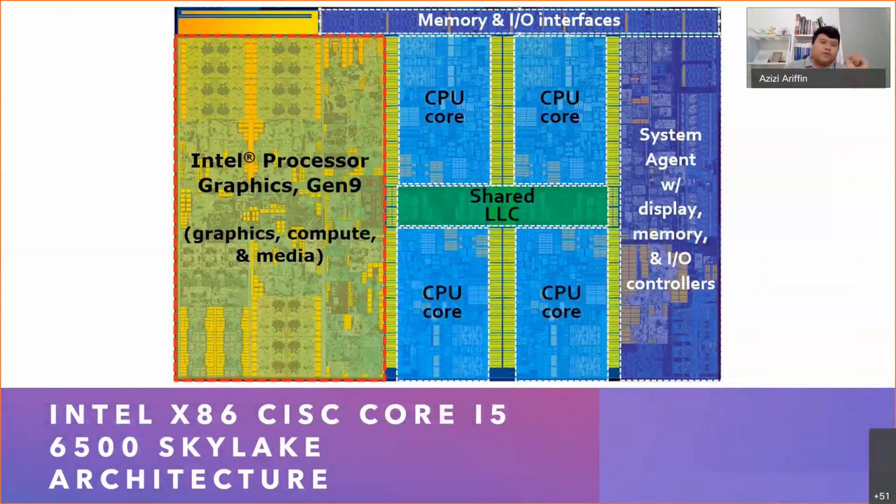Right, so for example, if we see Intel x86 punya processor, okay, dia menggunakan complex instruction set CISC. So kalau kita tengok dekat Core i5 6500 Skylake punya architecture, kalau kita buka CPU punya die tu, kita tengok bawah electron microscope, kita boleh tengok it has multiple cores.